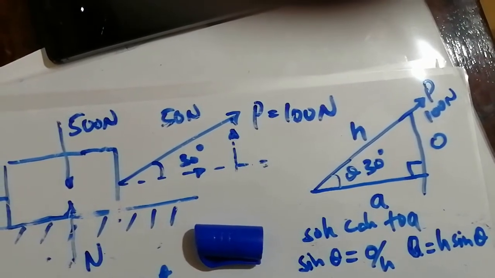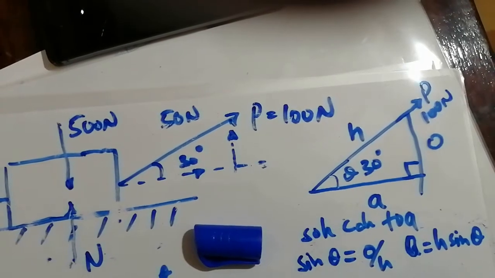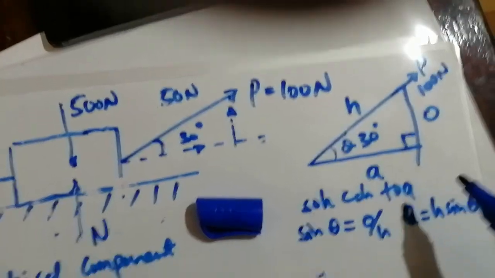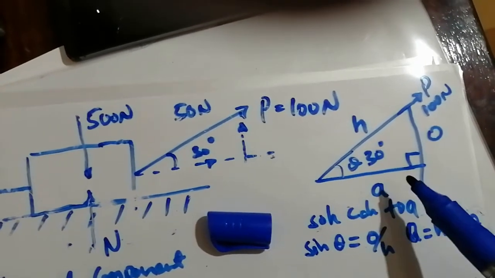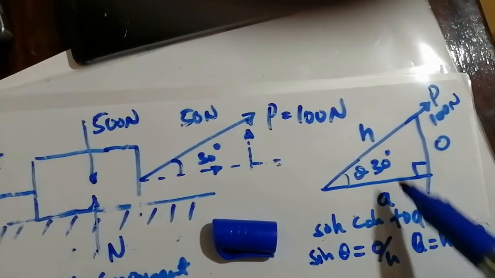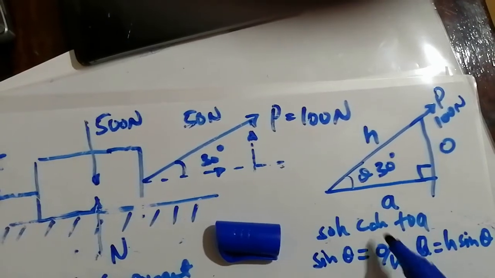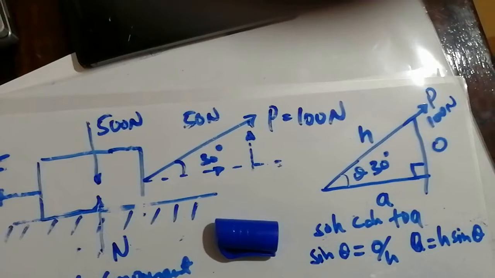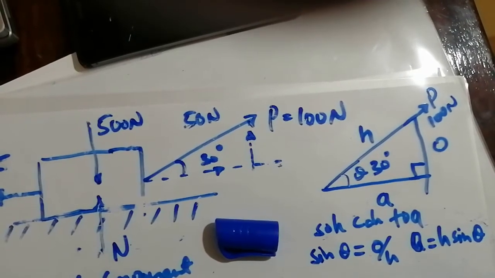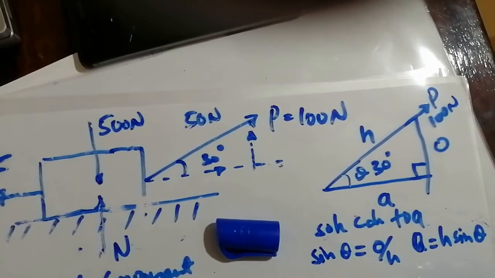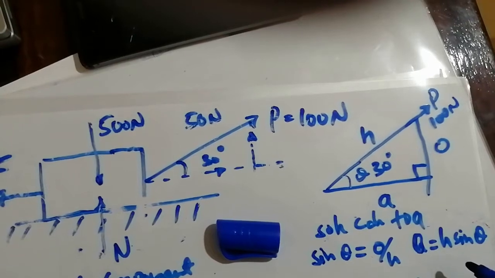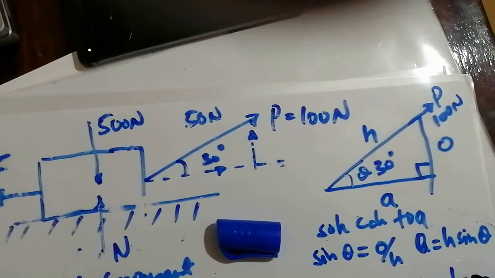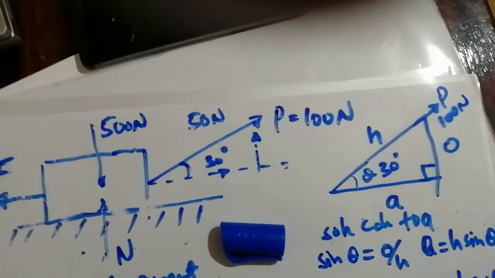And likewise, we can use the adjacent here, and to get the adjacent, we use adjacent over hypotenuse, which is the cosine rule, and say that cos theta is equal to adjacent over hypotenuse. Therefore, our adjacent is equal to h cos theta.